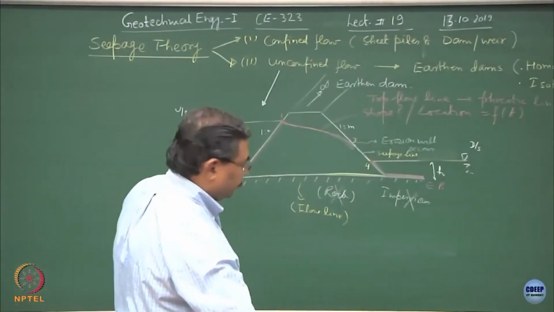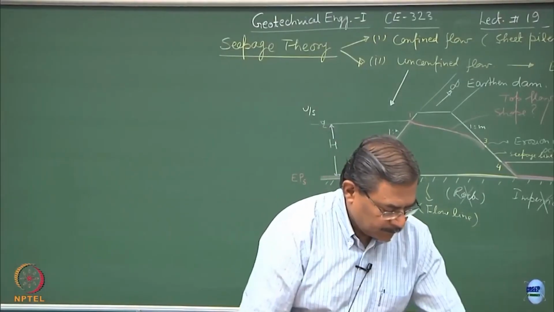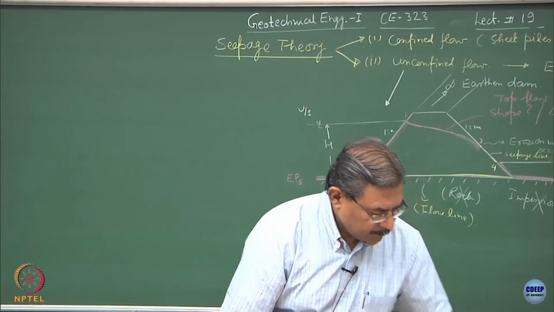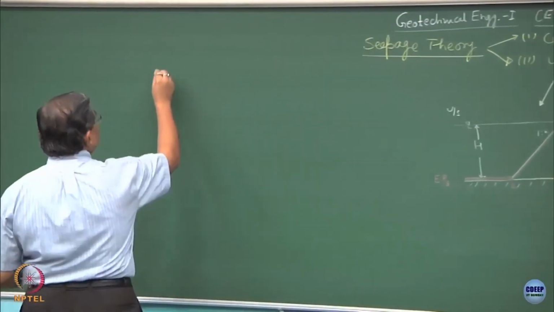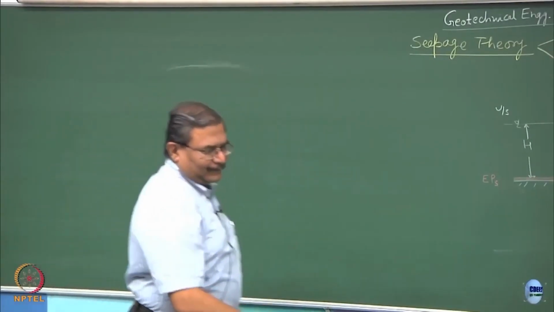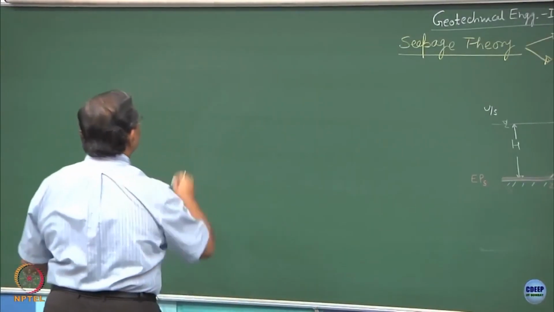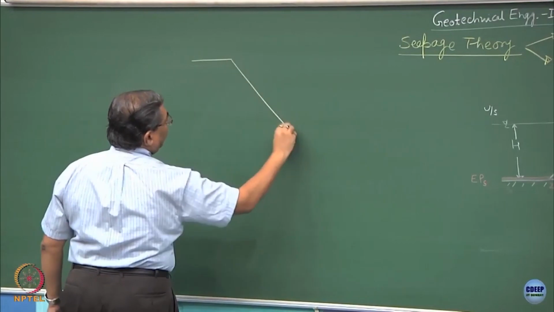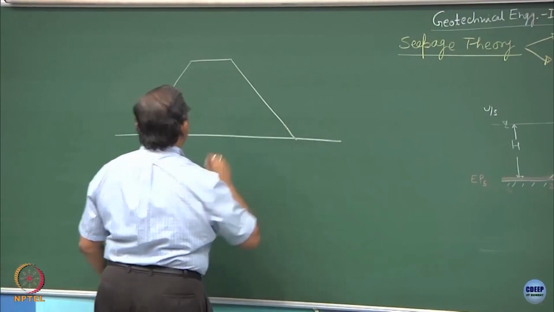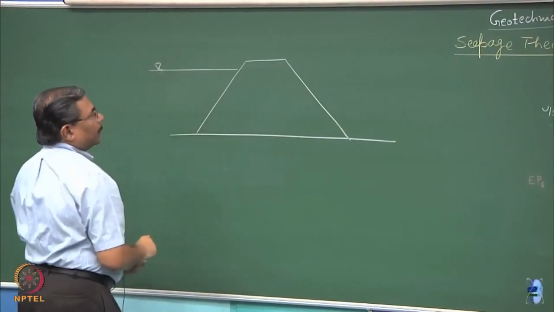Now suppose I consider the cross section of the dam as, alright, there is a water column over here.